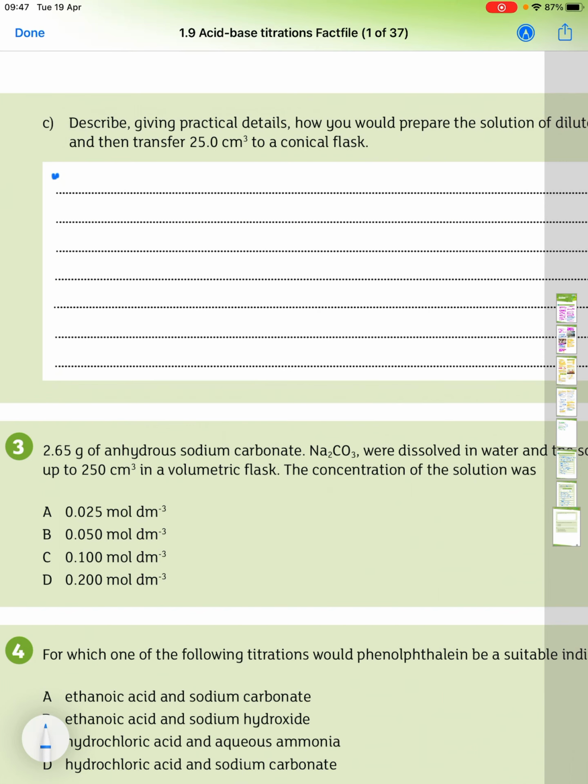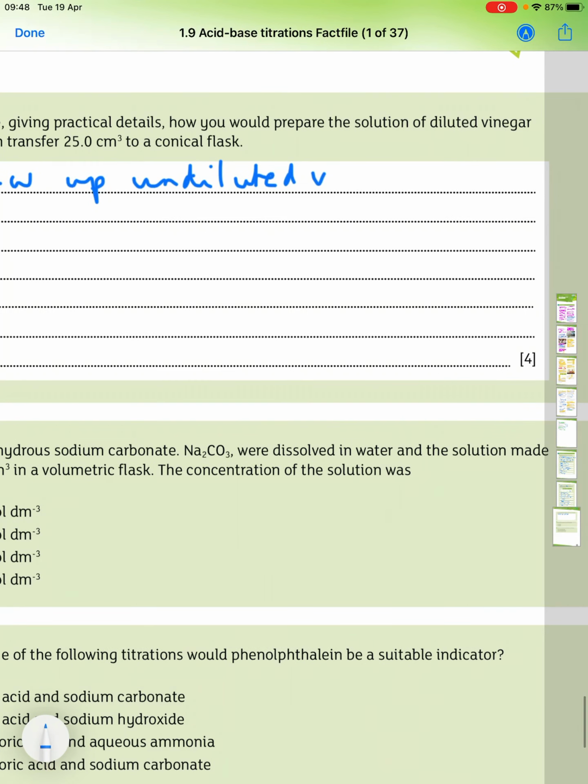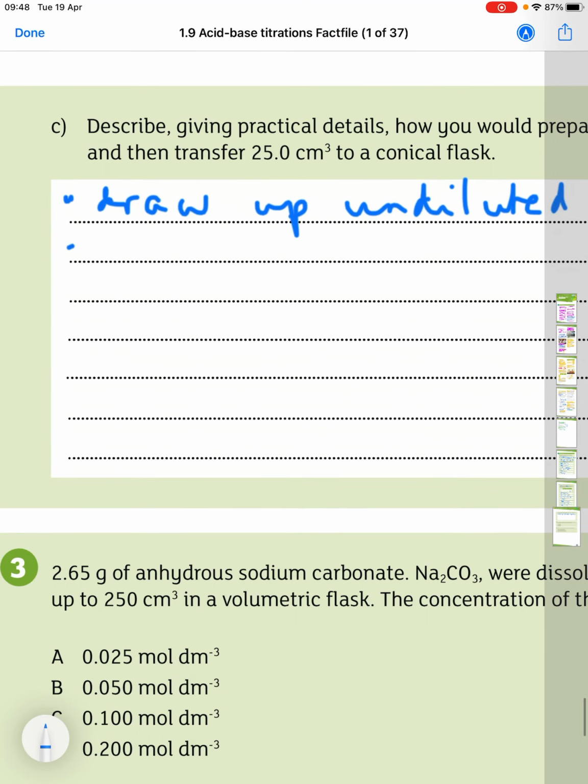So the first one is to use a pipette filler to draw up undiluted vinegar to the line, and of course the bottom of the meniscus should be on the line.